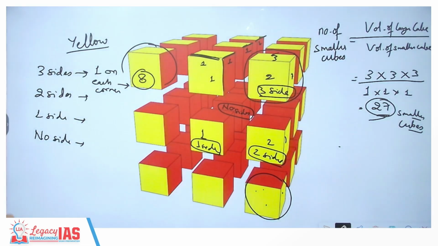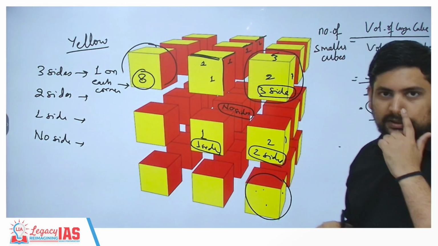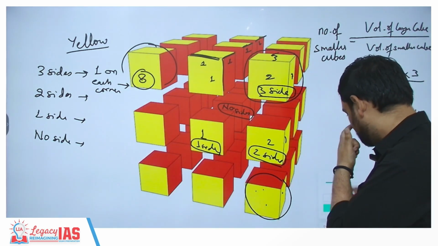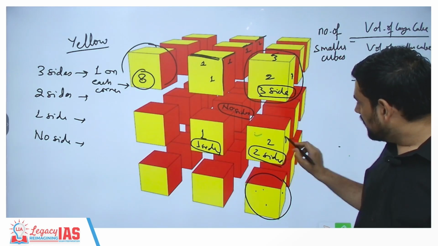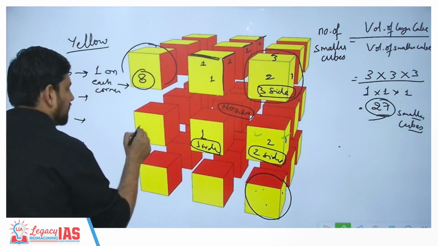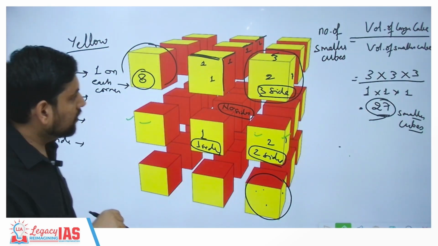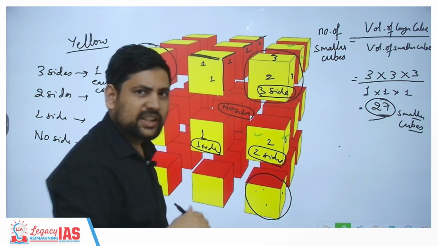Then next is colored on two sides. Now see the pattern here also. If you see, this one is colored on two sides. Similarly, here also, this one will also be colored on two sides. Then you can see this one colored on two sides. Can you find the pattern?